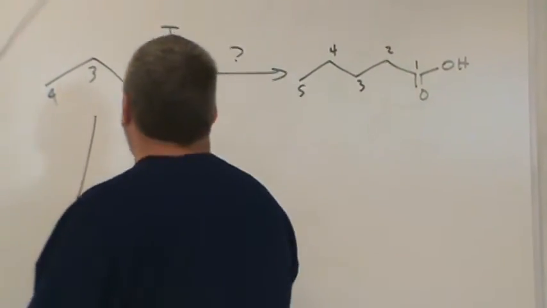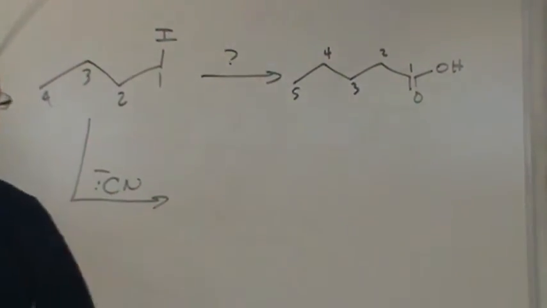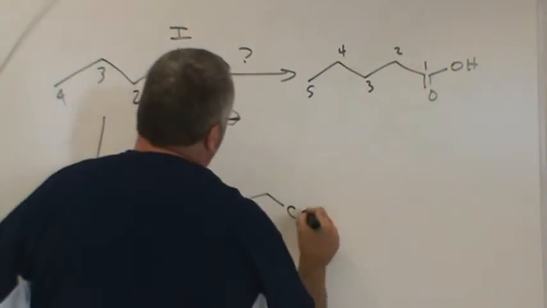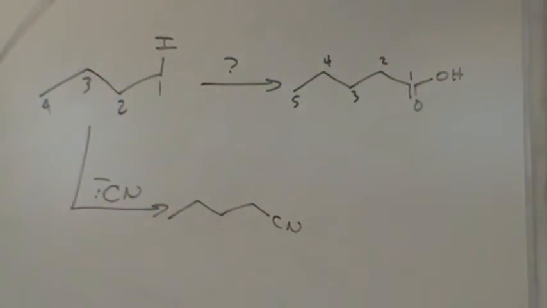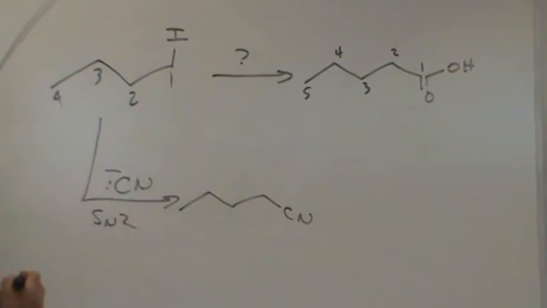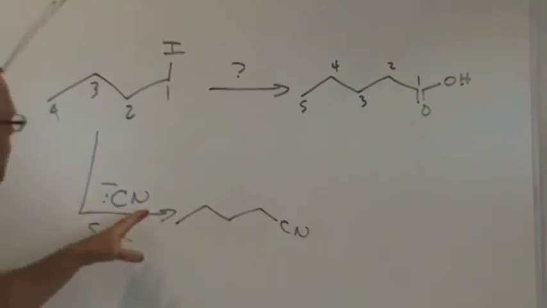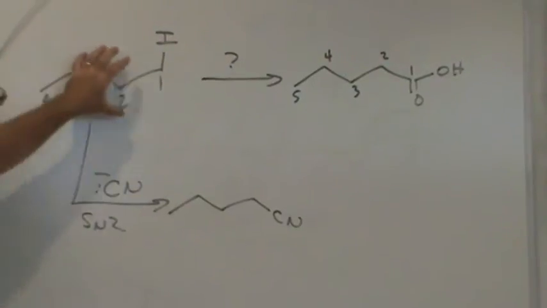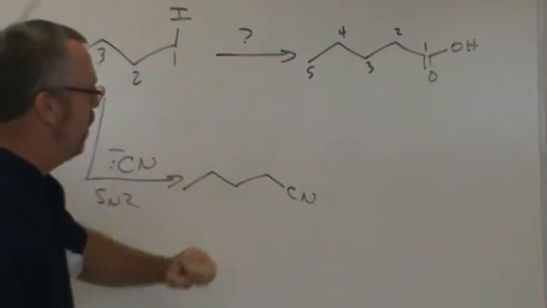We can, in the first step, treat this with cyanide anion. That adds our 5th carbon right there. That's an SN2 reaction and a beauty. And it allows us to stretch, if you will, our 4-carbon substrate into a 5-carbon substrate.